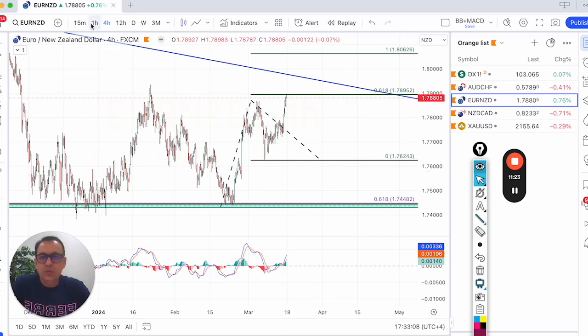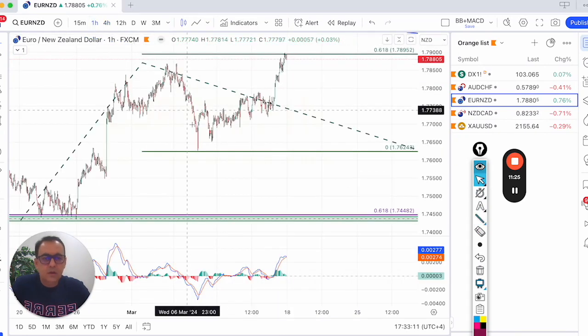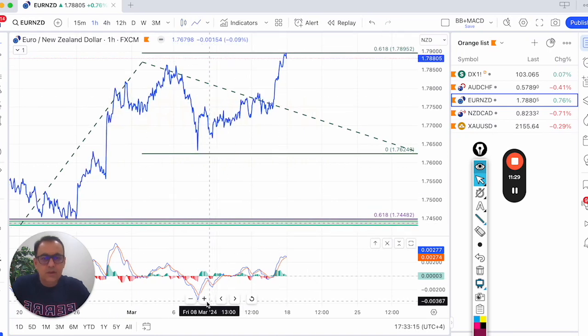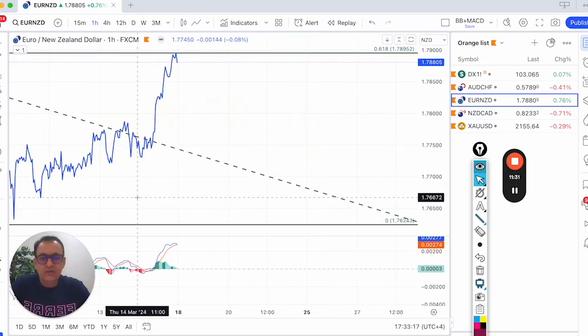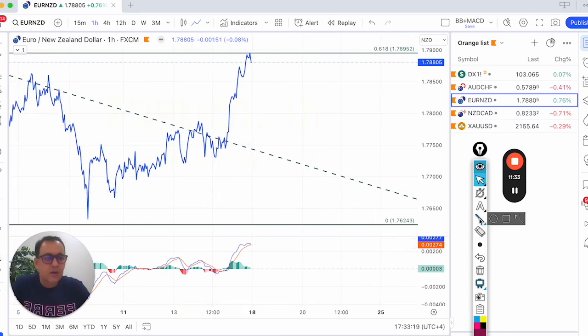Now let's move to 1H. On 1-hourly chart, I can notice that there is no bearish divergence, but there is some slowdown on histogram. So we have higher high formation, but MACD lines are still creating higher highs.